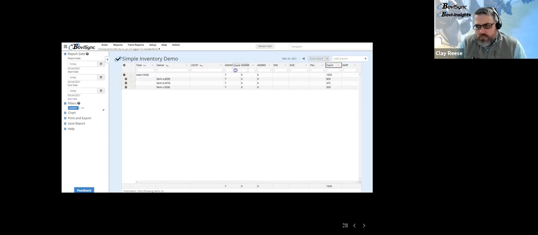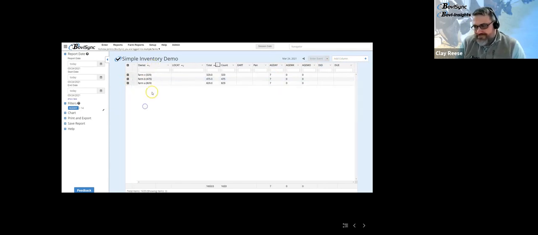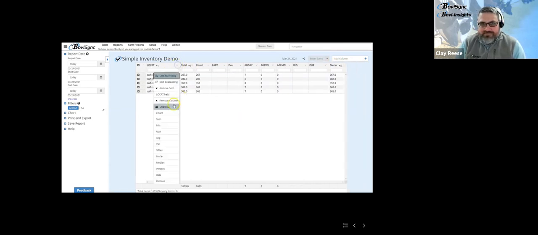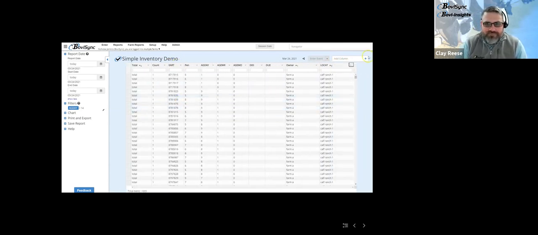We can also move columns around the screen so that you're able to get the formatting and organization that you want. Now I'll ungroup these to get to the base values, and we can add in some information. If you know what you want to put in, you can start typing in the search bar.